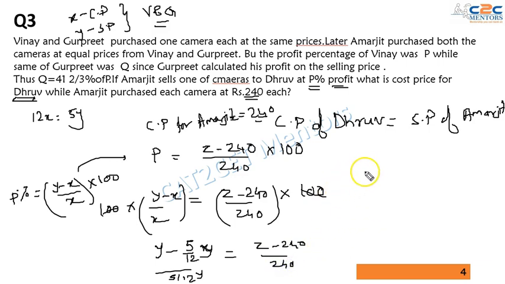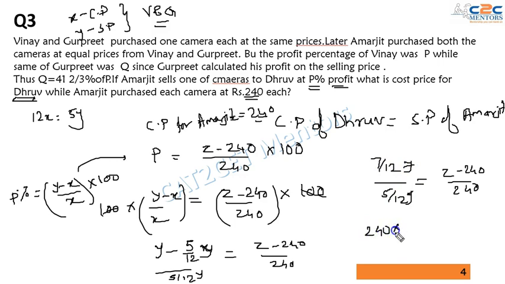So what I am left with is 7 by 12 Y upon 5 by 12 Y is equal to (Z minus 240) upon 240. This Y and Y gets cancelled. That is 240 multiplied by 7 is equal to 5Z minus 240 multiplied by 5.